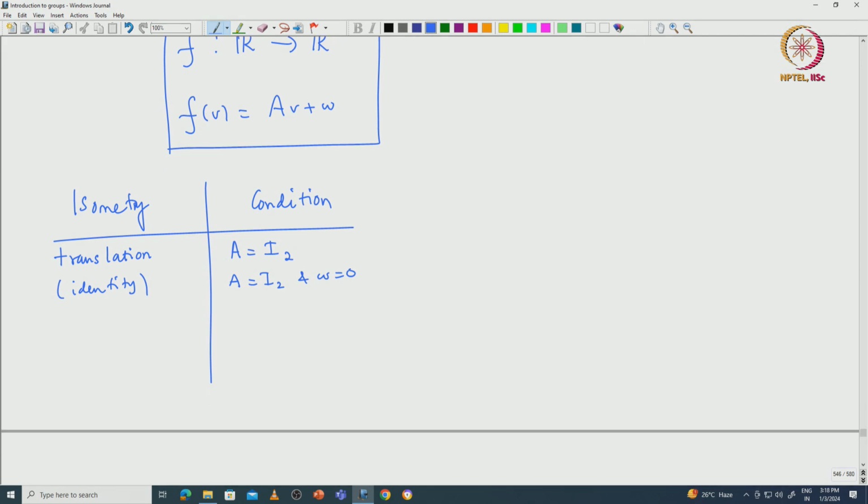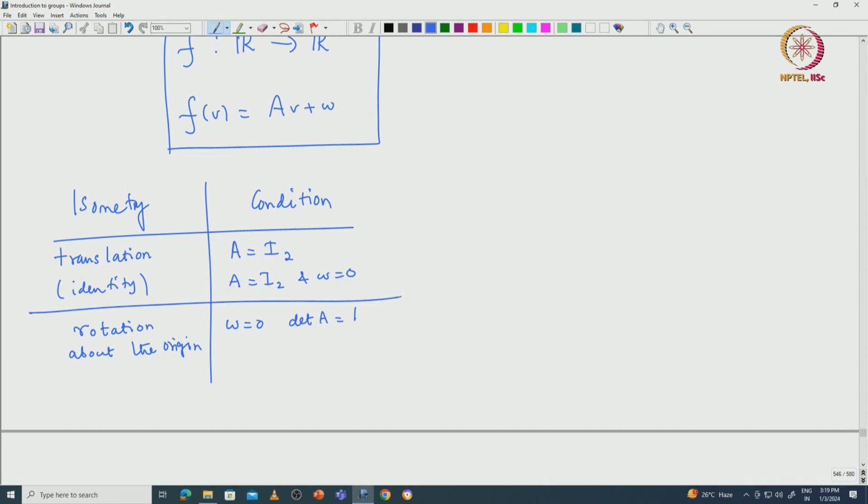So, now if you take W 0, so what we have seen, and then determinant of A is 1, then you get what is called rotation, but rotation about the origin. So, that is what we will get. So, this is something we already proved.